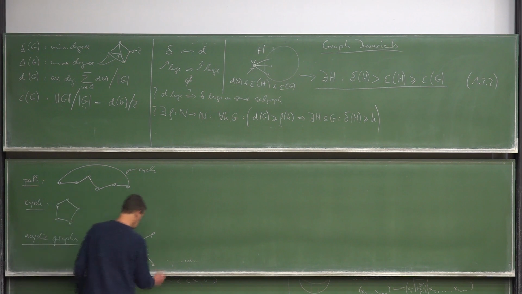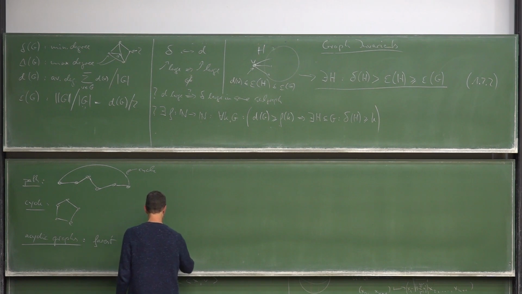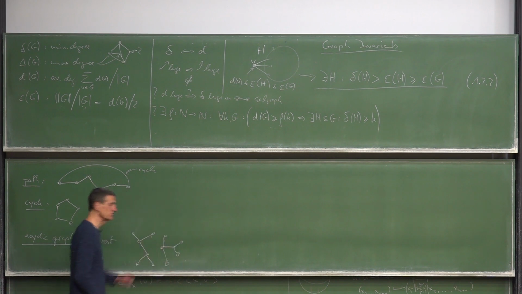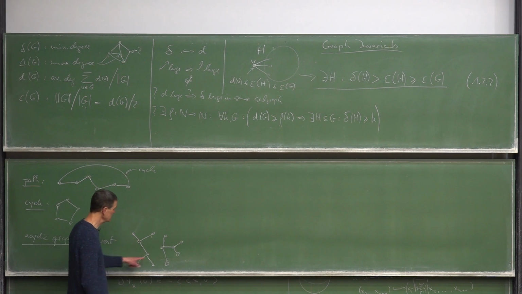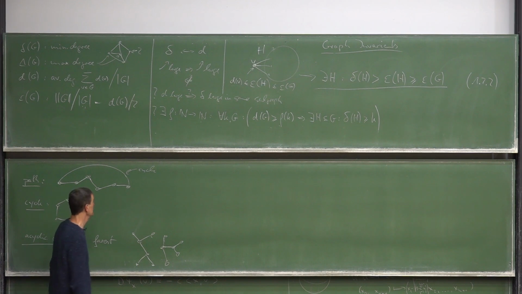And indeed, a forest is more properly defined as a disjoint union of trees, except I haven't told you what trees are. Intuitively, trees are connected acyclic graphs, and you don't know what connected is yet. So let me make amends.